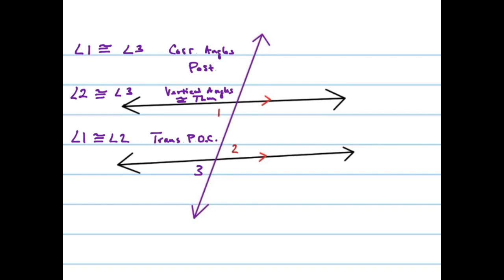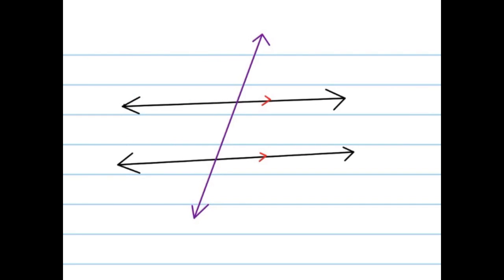So we could set that up in a 2-column proof. We'd start with the fact that our hypothesis is given that our 2 lines are parallel. So if we're given a diagram, a tiny little version of it with 2 lines, I'm just going to do a quick little sketch. 1, 2, and 3.